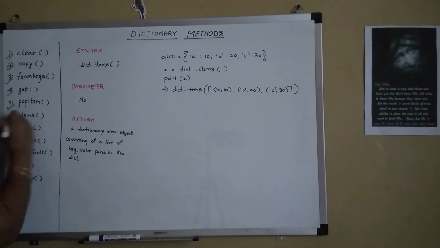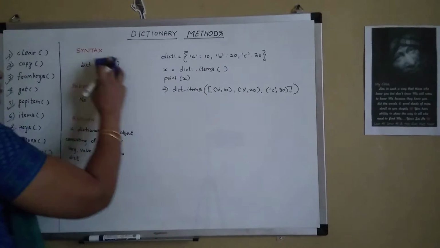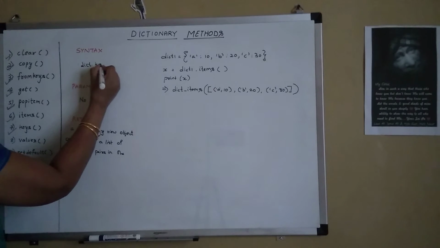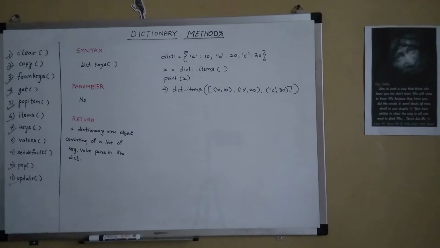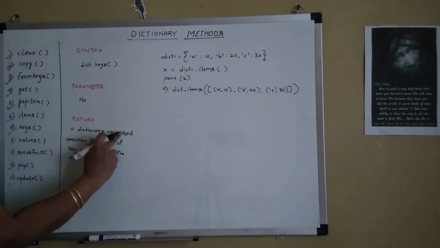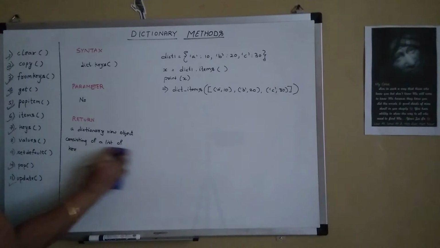After covering items, next let's go in for keys. Here it is dict.keys. The syntax is dict.keys. It does not take any parameter. The return type is a dictionary view object consisting of a list of keys. It won't give any values.